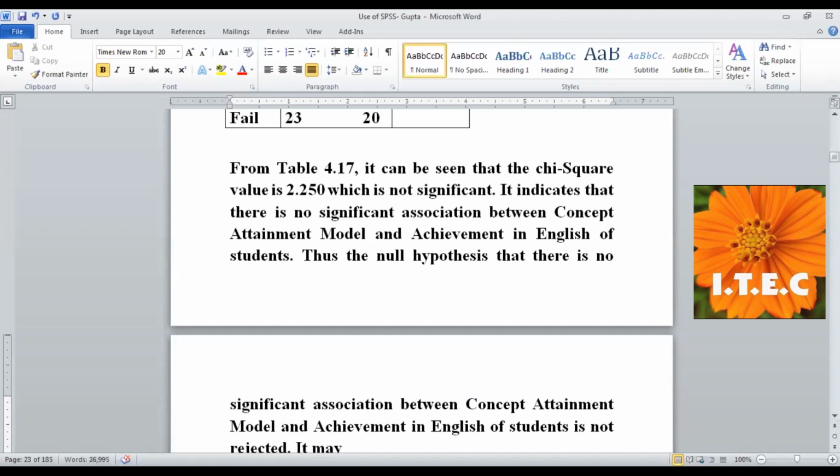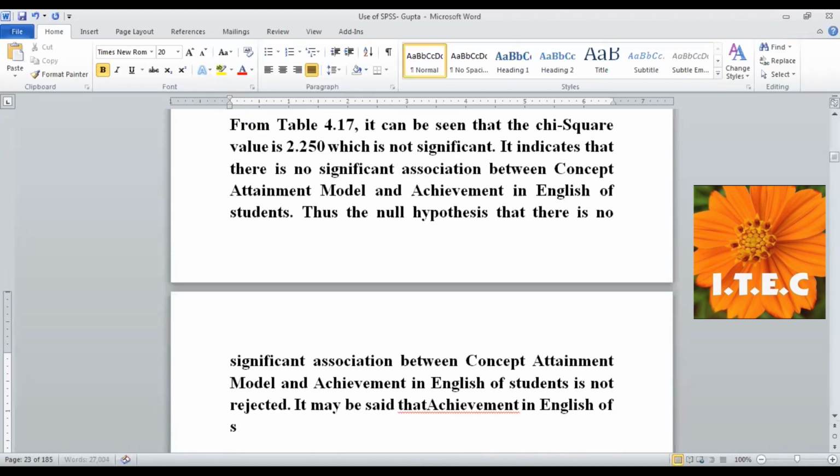So it may be said that achievement in English of students was found to be independent of the concept attainment model.